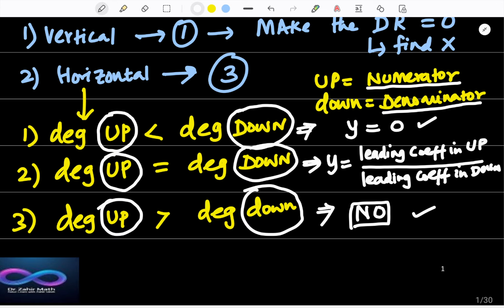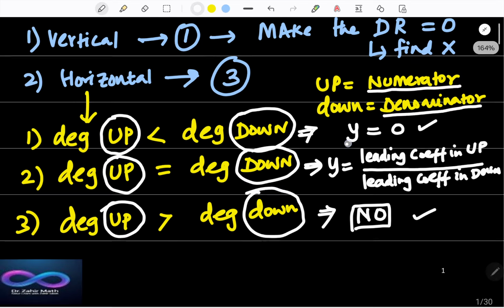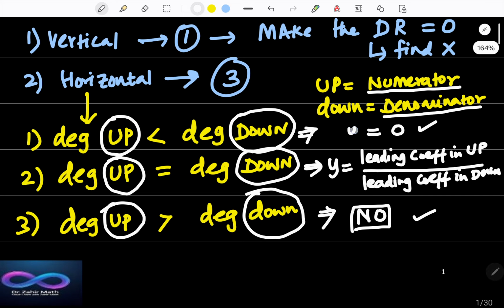Leading means leader, and leader means big power. Coefficient means the multiplier. So you take the coefficient of the big power in the numerator, and the coefficient of the big power in the denominator, and write y equals that fraction.